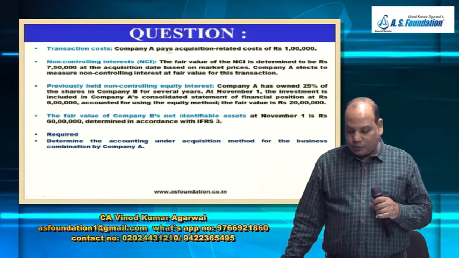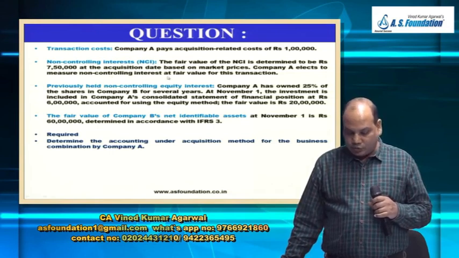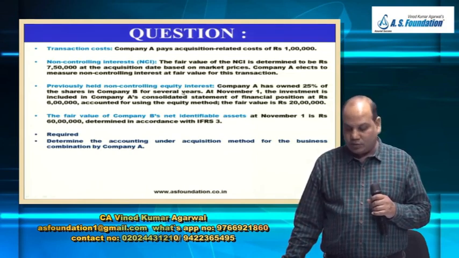NCI, fair value of NCI is 7,50,000. Company A elects to measure NCI at fair value. So take 7,50,000. Previously held interest: Company A owned 25% of the shares of Company B for several years.